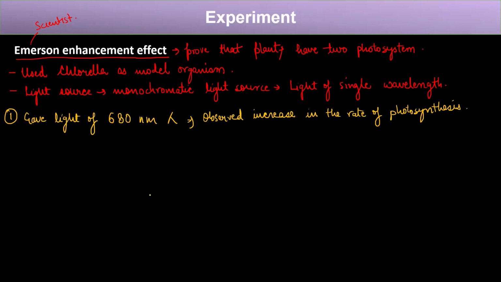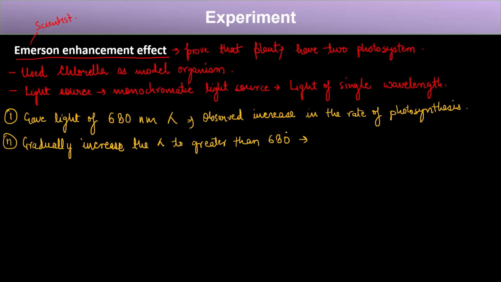Okay, now in the second experiment, he gradually increased the wavelength, say moving from 680 to 685 or 690. When he increased the wavelength to greater than 680, what did he observe?